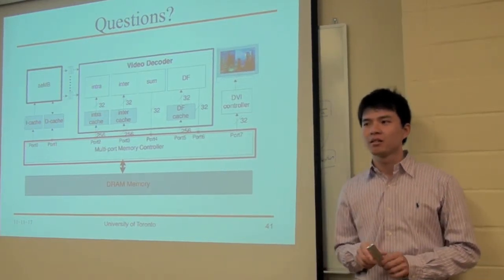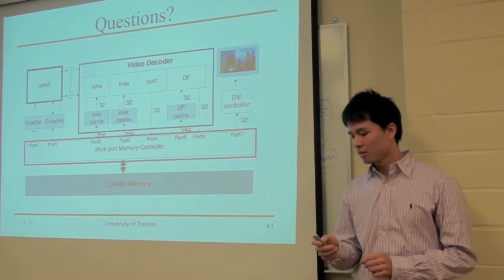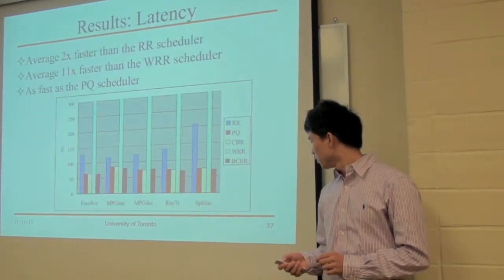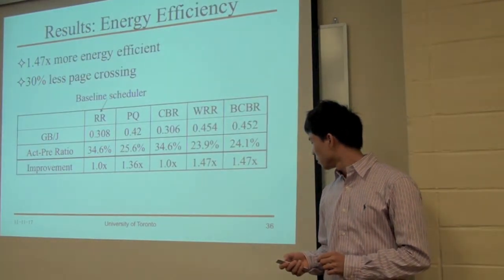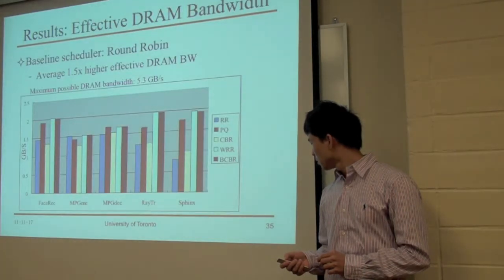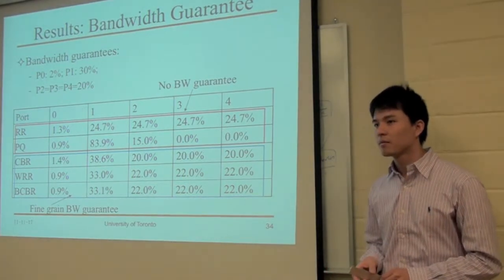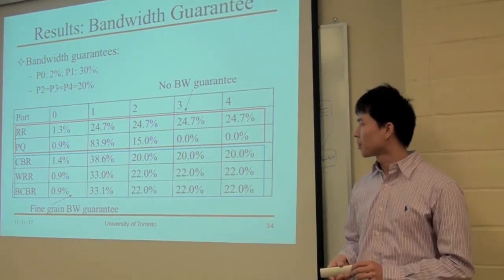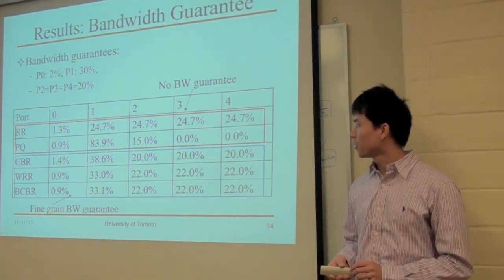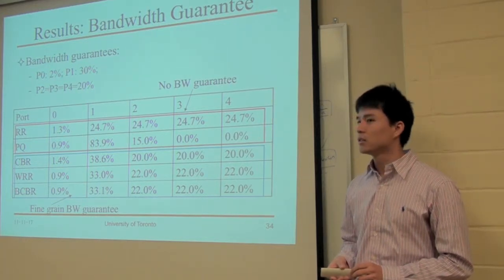Another one? Could you go to slide 34? I just didn't get enough of a look at that. So here you're showing that you met the requirements with the bottom 3. Is that right? Yes.